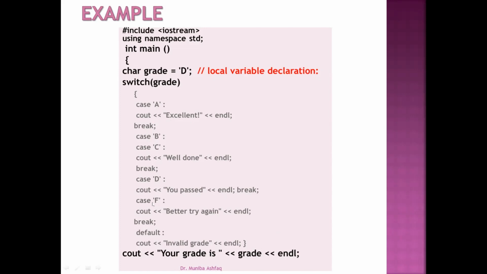And for case F, it will display on the screen better try again. And if none of these cases match, what will happen if any other grade is entered by the user? It will just go to the default case and display invalid grade, and then your grade is whatever you have entered.